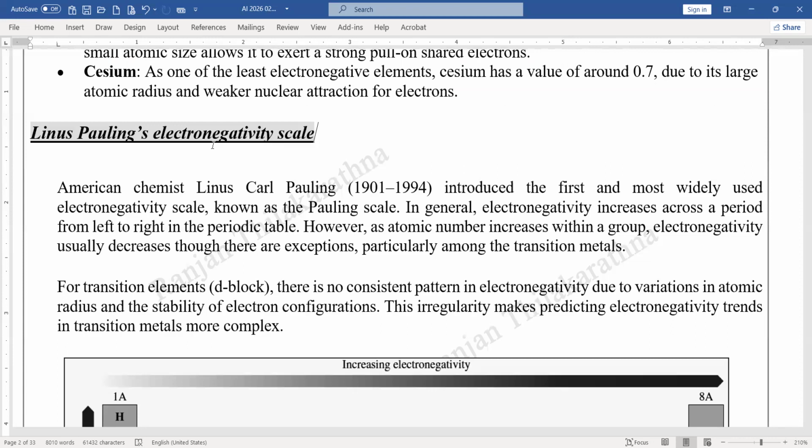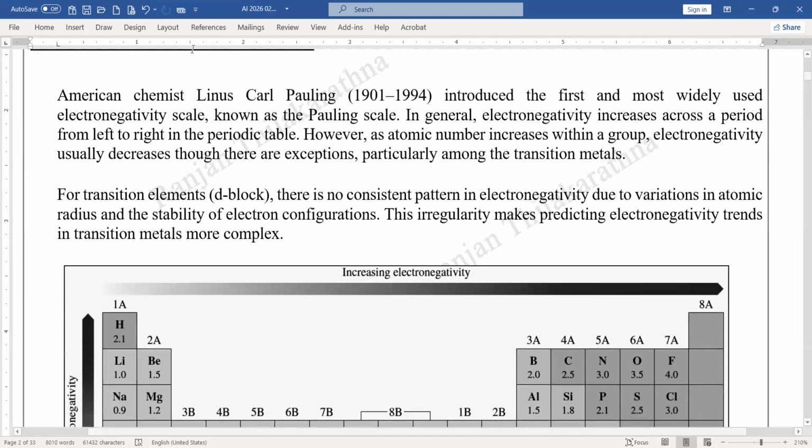Transition metal has a different meaning, but for the time being, you can get it as the D block elements. I hope that you know all the blocks in our periodic table, like S block, P block, D block, F block. I'm not going to go into detail about that because that is not related to this lesson. For transition elements, we simply call them the D block elements.